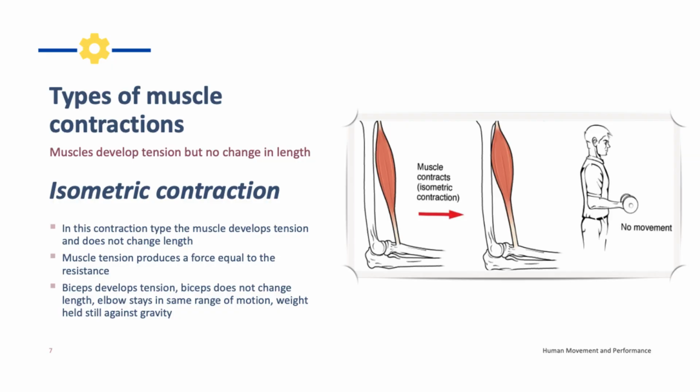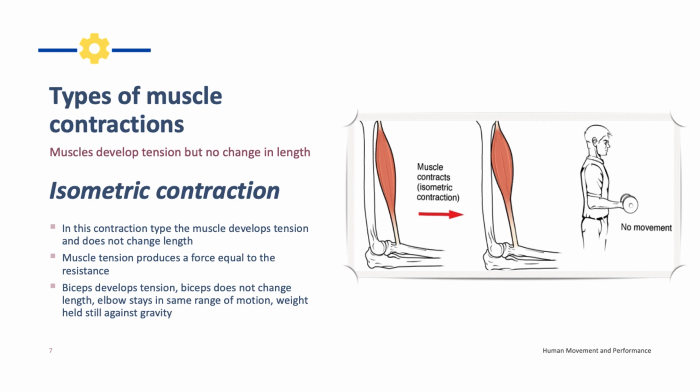So the third type of contraction that a muscle can produce is an isometric contraction. An isometric contraction is where a muscle develops tension but does not change length. So in the case to the right, if I had a person holding the weight, keeping their elbow at 90 degrees of flexion, holding that weight up against gravity, the biceps would be developing tension.